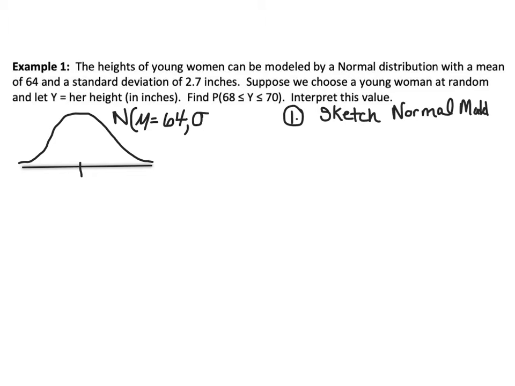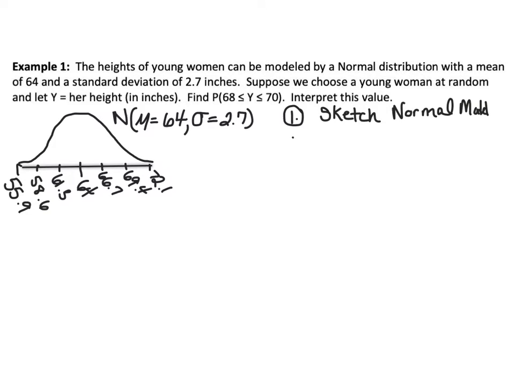Notice I'm using parameters, not statistics, because it's a model, and sigma is 2.7. Good practice is to label three standard deviations to the left and the right, so I'm going to add sigma on and subtract it from my mean.